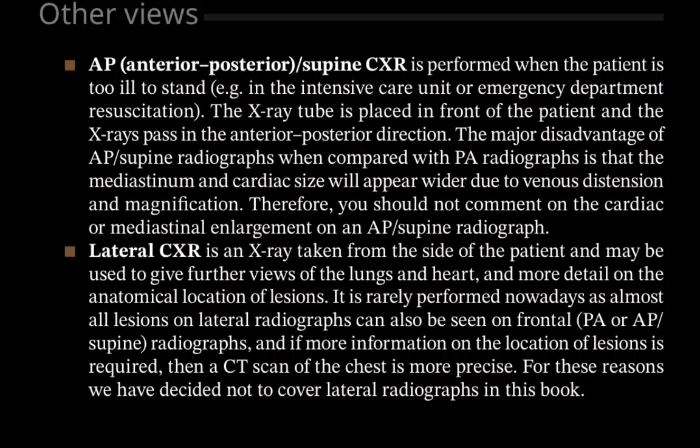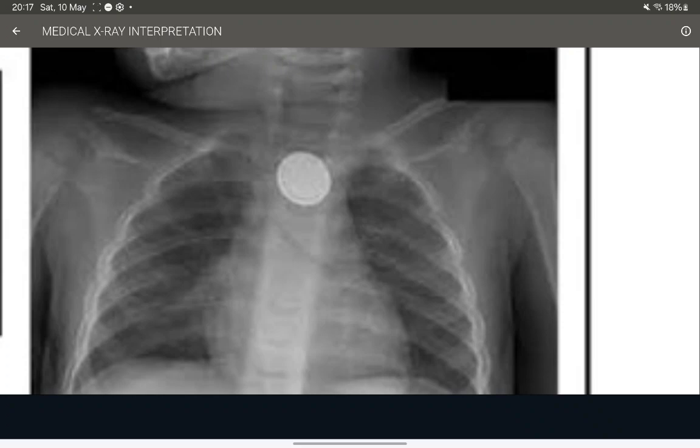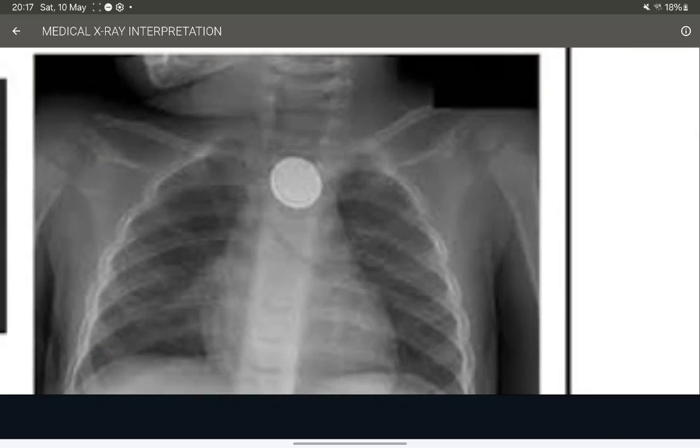And if more information on the location of the lesion is required, then a CT scan of the chest is more precise. For these reasons, we have decided not to cover lateral radiograph. That's why we have used another resource to complete the lateral chest radiograph details.